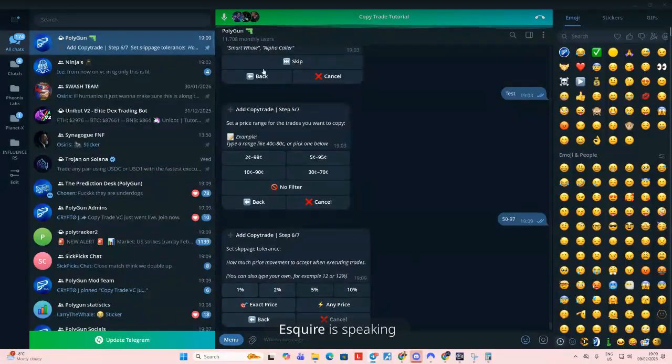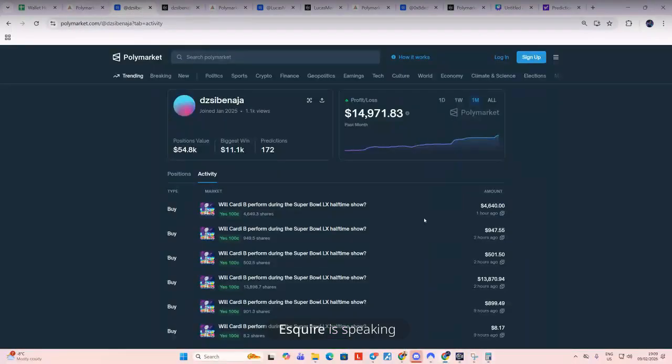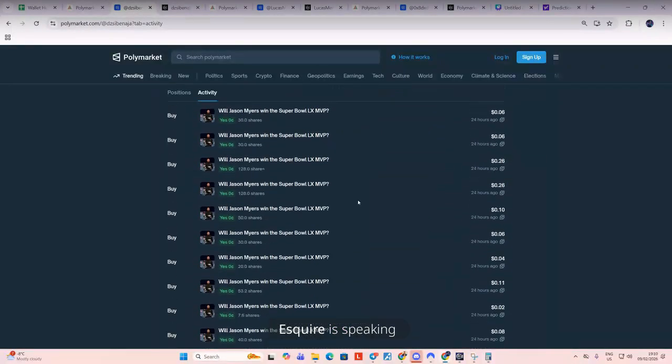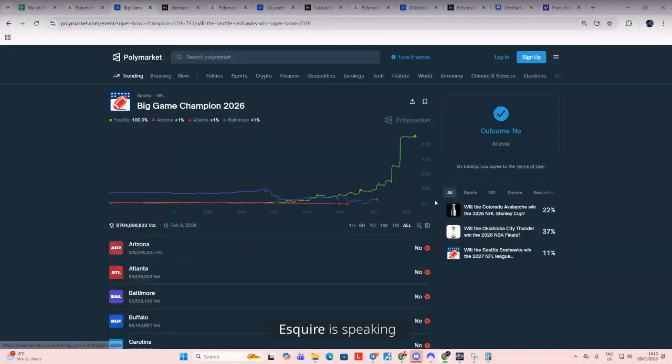When it comes to slippage tolerance, we're doing some tweaks to this right now because it's kind of deceiving of what people's opinion is. So the way that the tech actually works, and this is something to look out for: when the bot buys, we don't have access to Polymarket's order book.